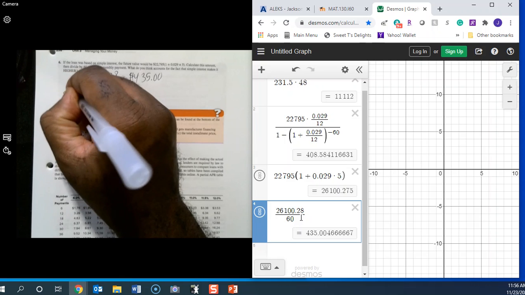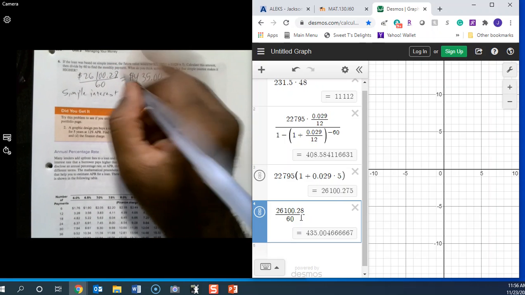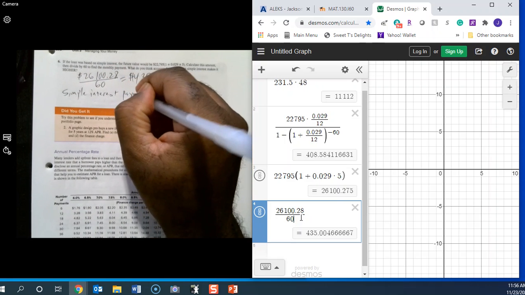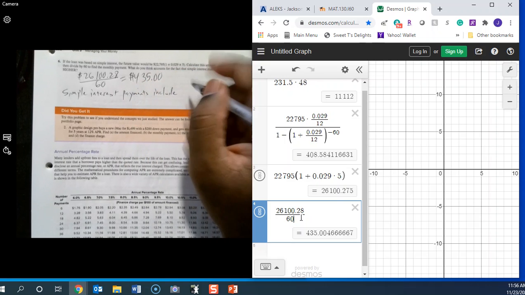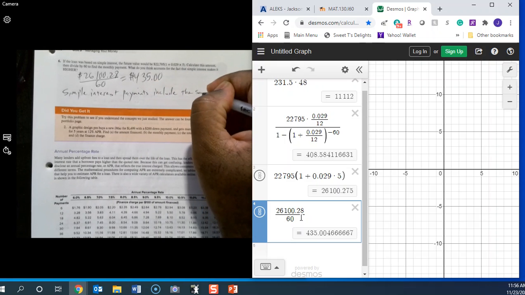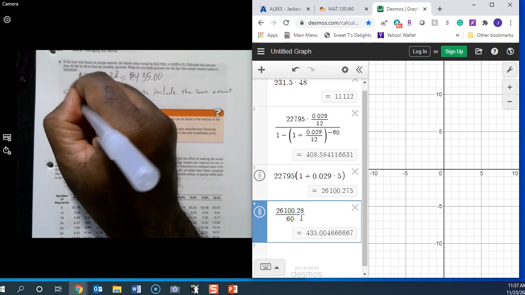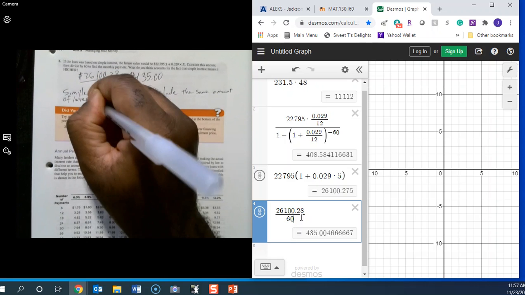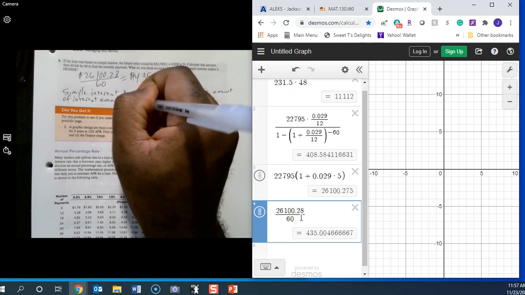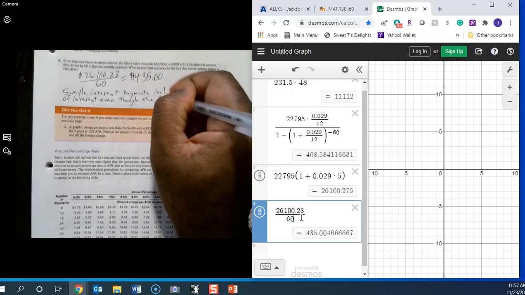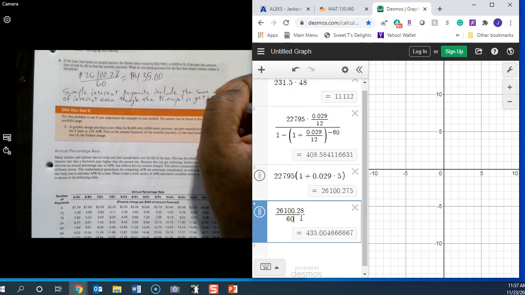Okay, so we could say simple interest payments include the same amount of interest, even though the principal is getting smaller.